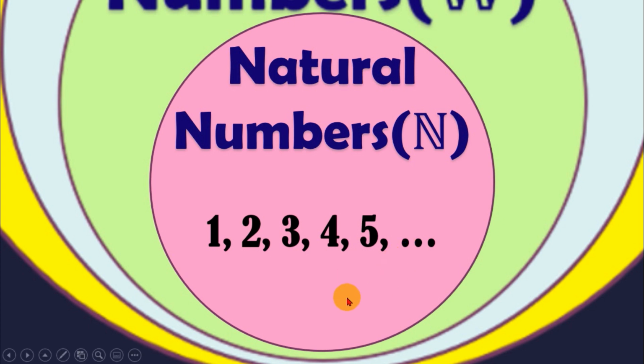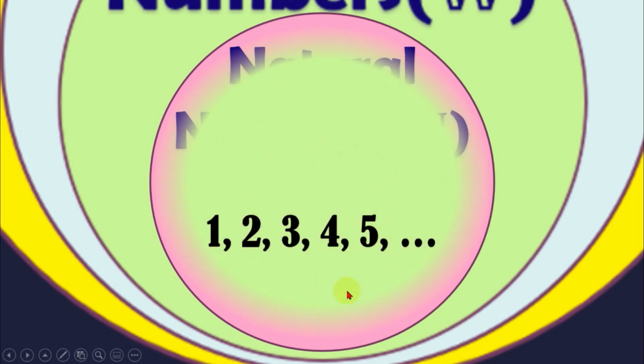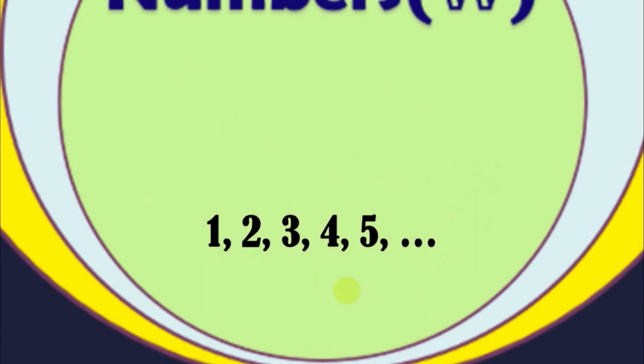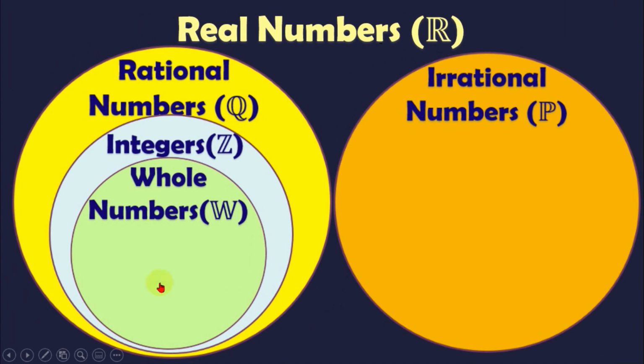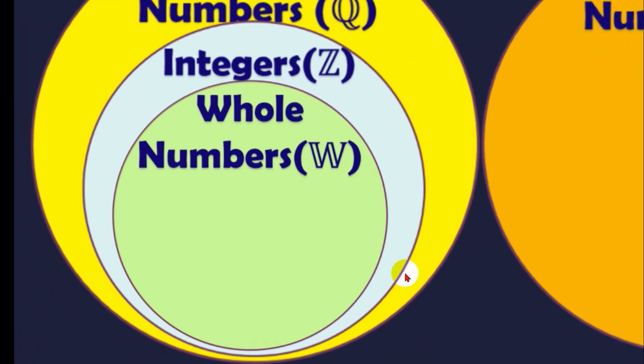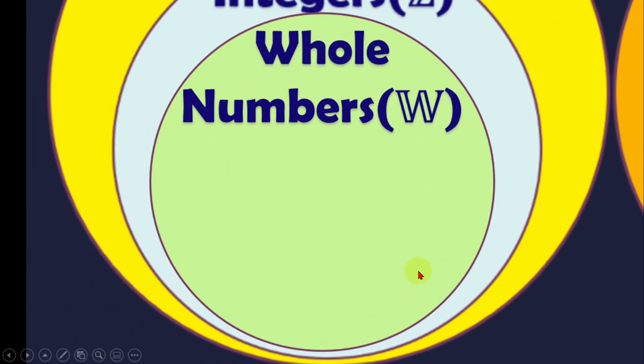Okay? Then these natural numbers that we have can also be identified as whole numbers. Okay, let's see. Yan. So, lahat ng mga counting numbers na nakikita ninyo or nabasa ninyo or that I gave to you, those are all whole numbers then.